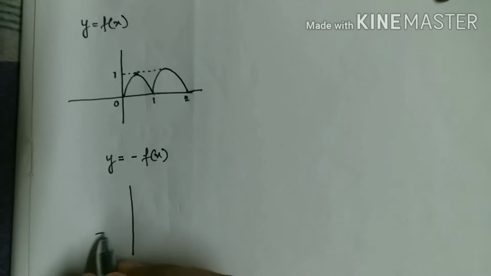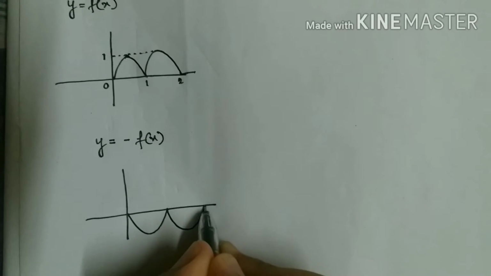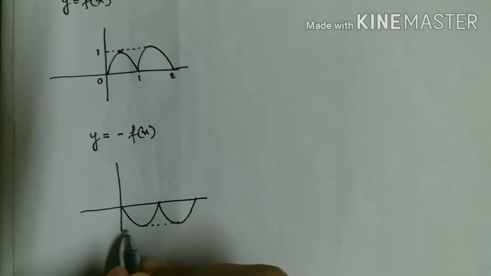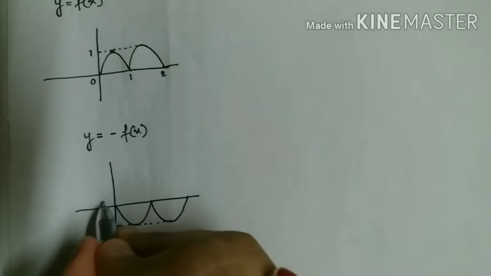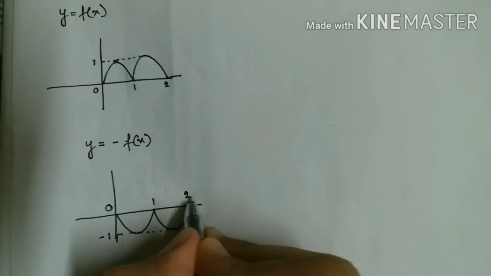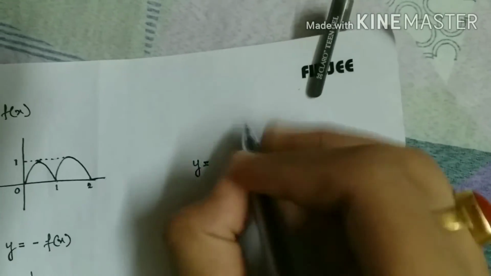What will be the graph now? Here it will be minus 1, 0, 1, 2. So done.